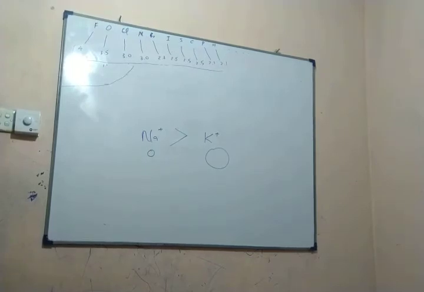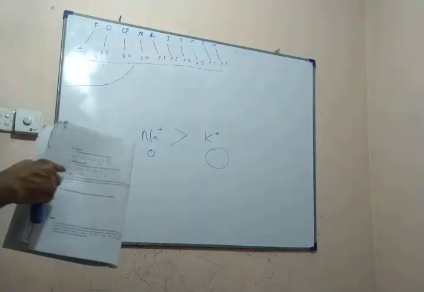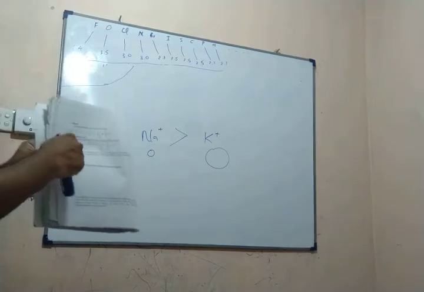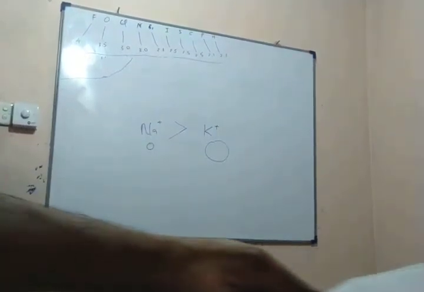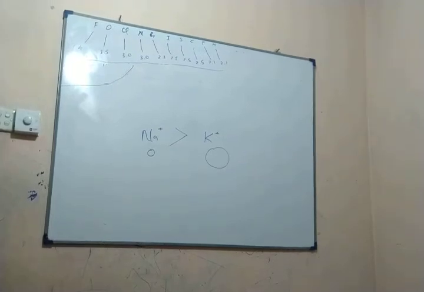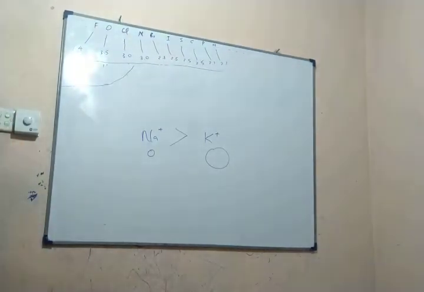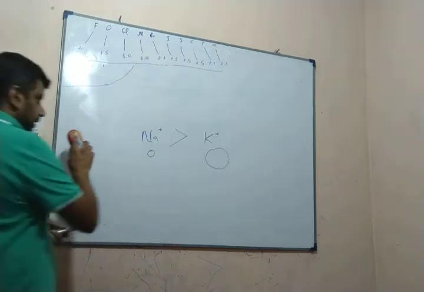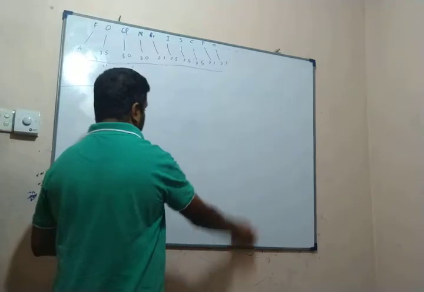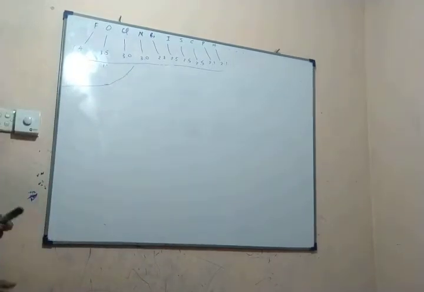Put that whole fourth point, the fourth factor, inside a bracket, because it's separate. And the last one: the charge is used only for monoatomic ions. Got it? Okay. So cut it. Next.